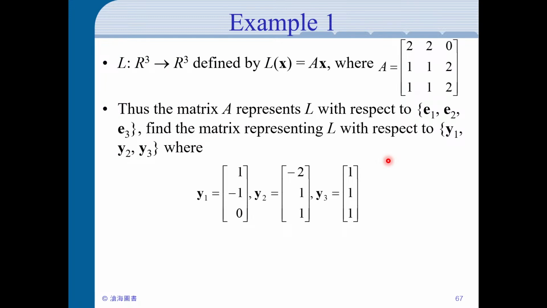So we have some linear transformation from R3 to R3, and in the standard basis we have this A here. And then we find the representation in another basis y1, y2, y3. As we said, we want a representation in terms of y1, y2, y3, so S is just listing these vectors together.